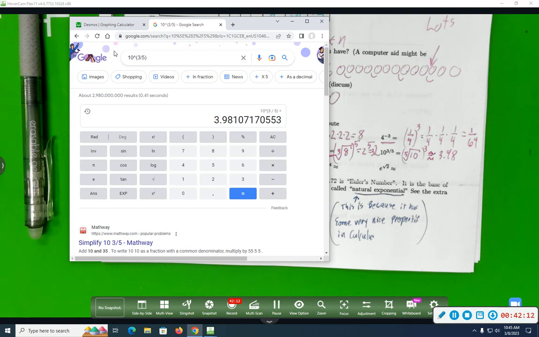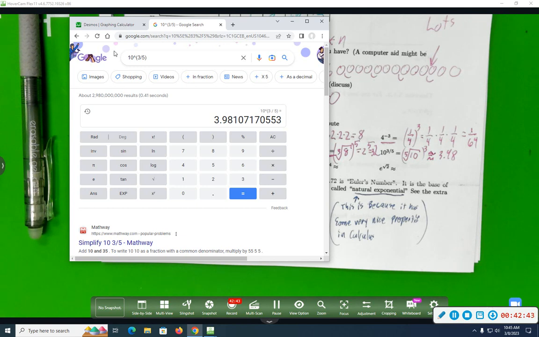The philosophy of calculus says that basically any function can be estimated by polynomials. These polynomials are called the Taylor polynomials. You can find a polynomial that estimates 10 to the power of x. And once you have that polynomial, just plug in x equals 3/5 and see what you get. So that's what the calculator does. I'm not going to explore those in any more detail than that right now. That'll happen when you take calculus.